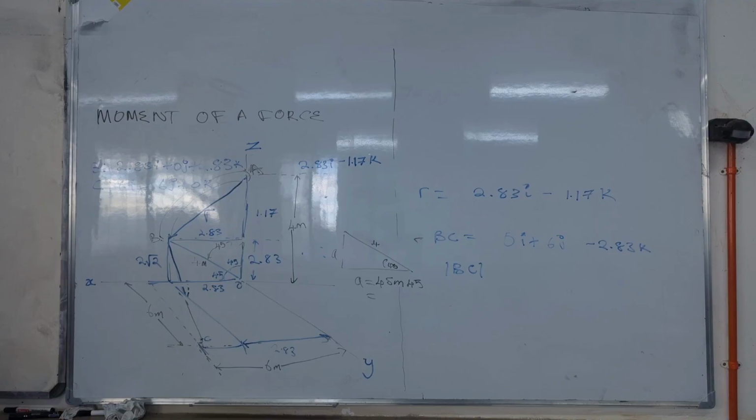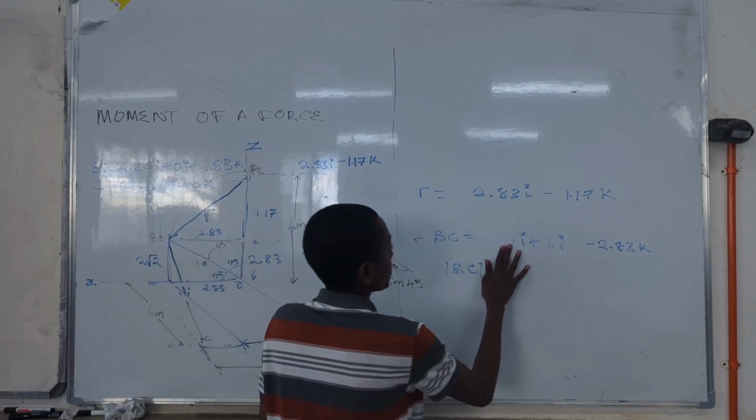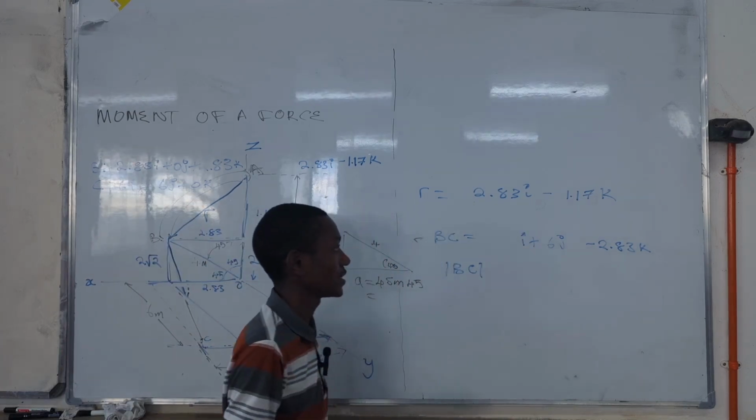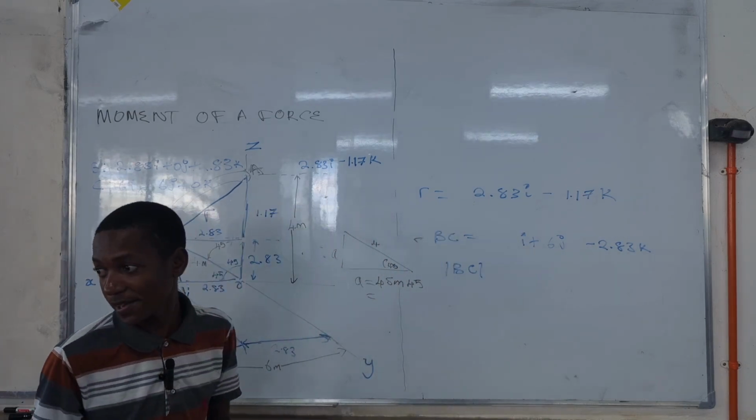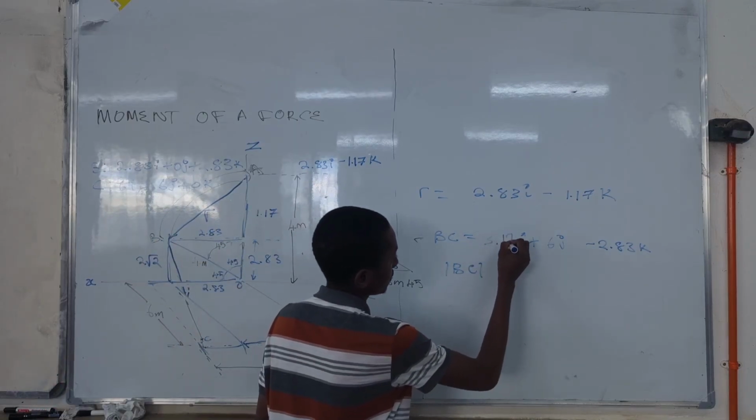Minus B. Since you are moving from B going to C, it's going to be C minus B. So this isn't supposed to be 0. It's supposed to be 3.17. Is it positive?